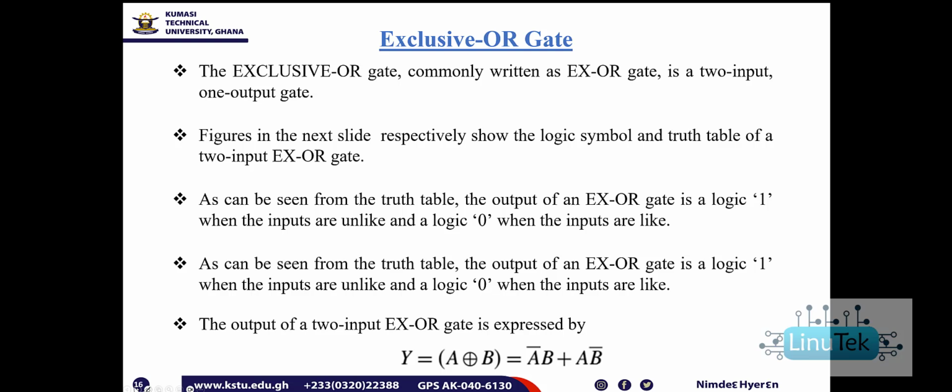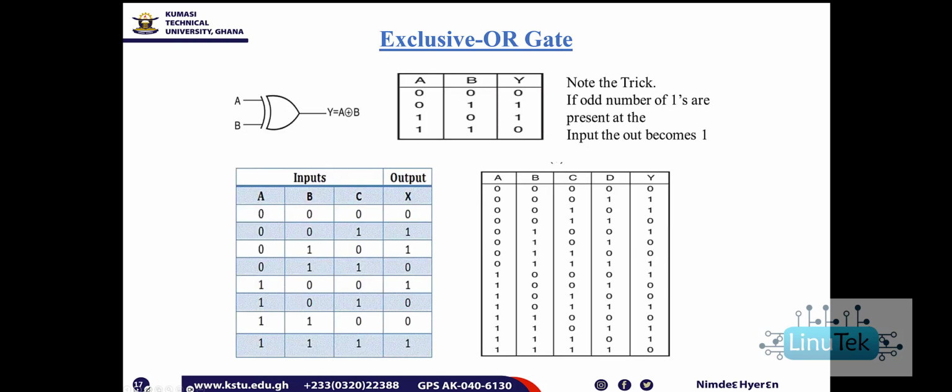The exclusive OR gate, which is commonly written as the XOR gate, is also a 2-input, 1-output gate. Now, the figure you see here is basically the image of an exclusive OR gate or an XOR gate.